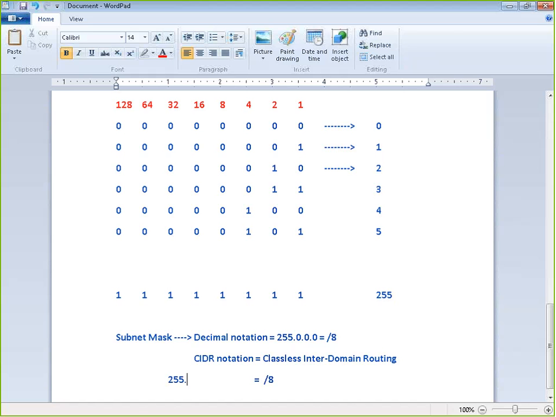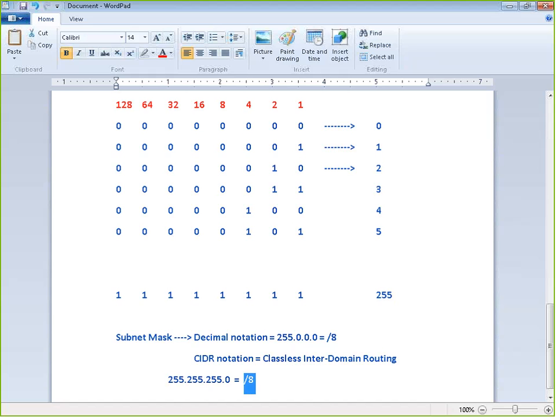If I have the subnet mask as 255.255.255.0, can you tell me what will be the CIDR notation for this? This is the decimal notation. Can you tell me the CIDR notation? No, it's not going to be /32.